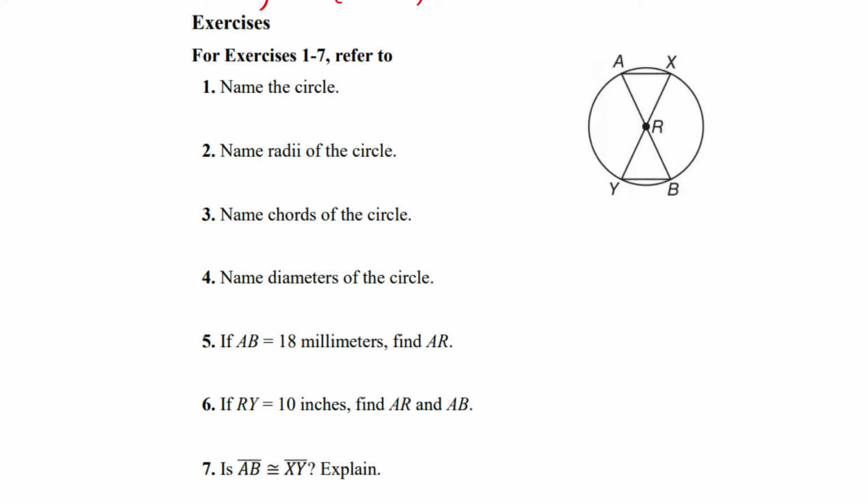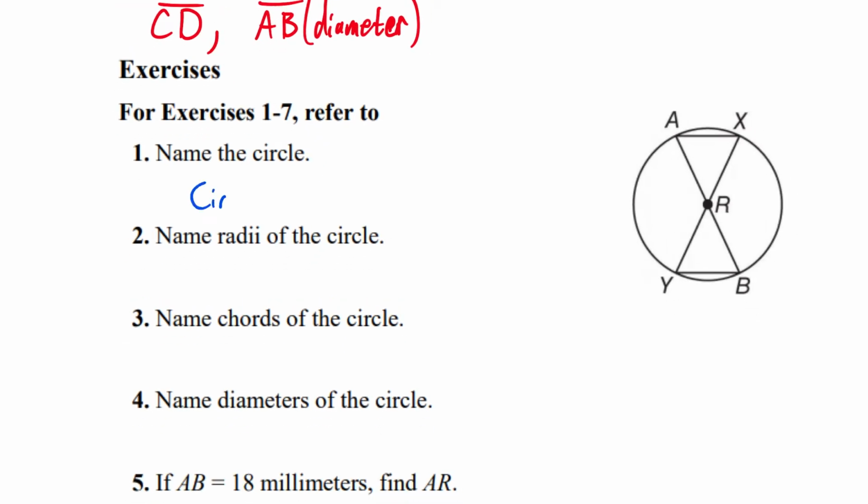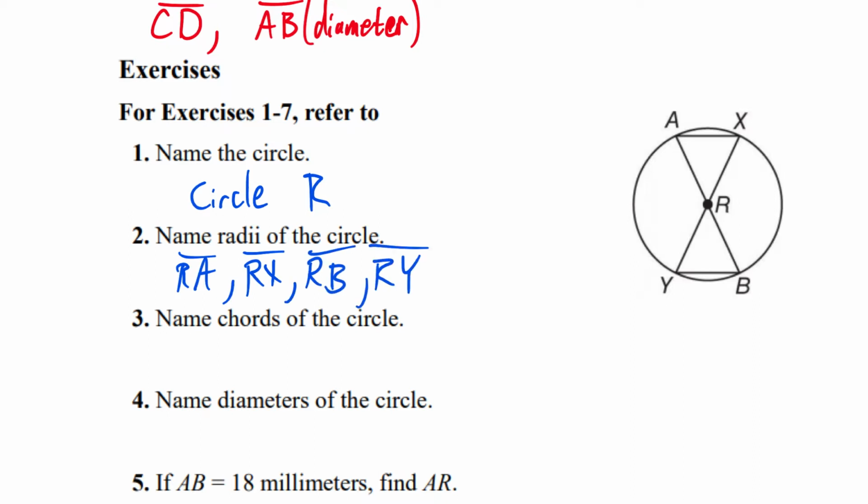That should be pretty easy. Okay, so what's the name of this circle? Circle R. Okay, what are the radii of this circle? RA, RX, RB, and RY.